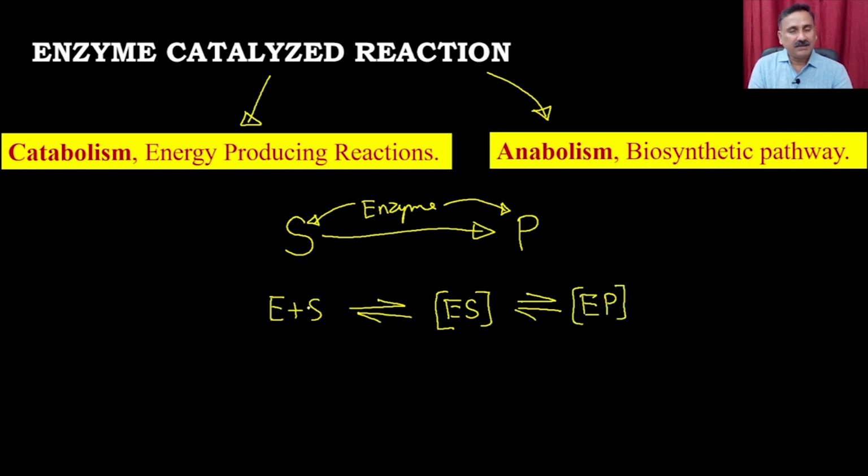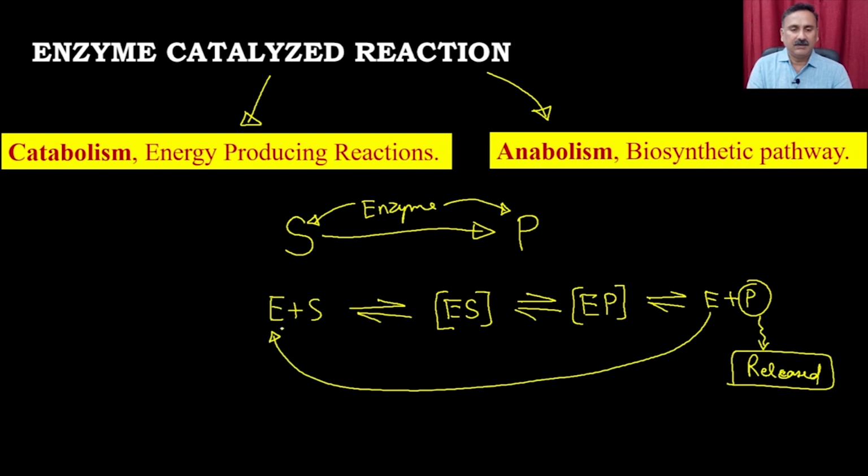You can have a single substrate or multiple substrates, but ultimately you are going to have the enzyme substrate complex. This is converted into the enzyme product complex, and then into the enzyme plus product, and this product is released from the enzyme. And the enzyme returns back to the original state, so it is ready for processing another molecule of substrate.